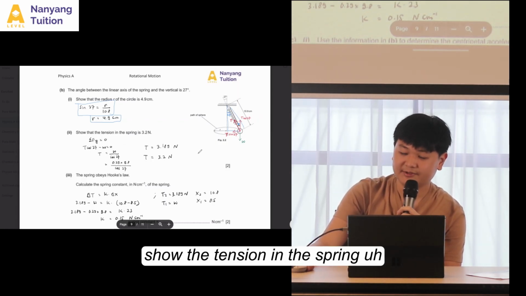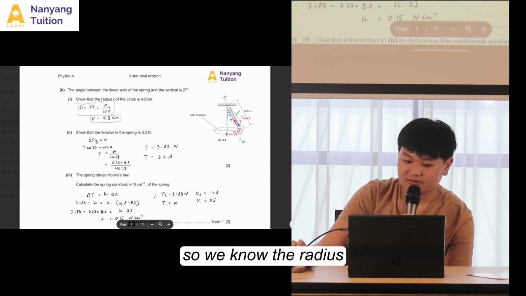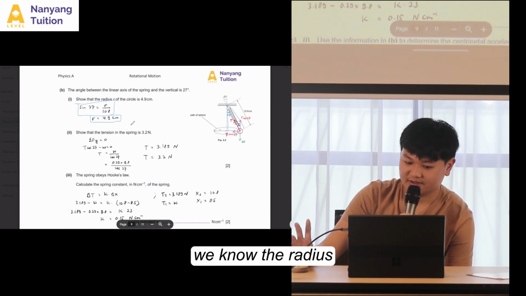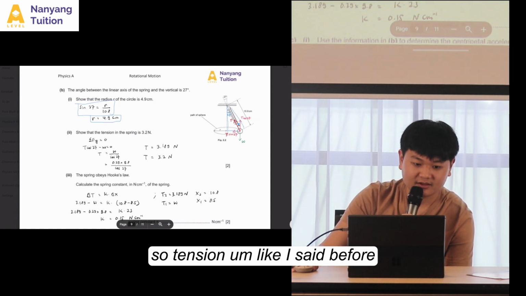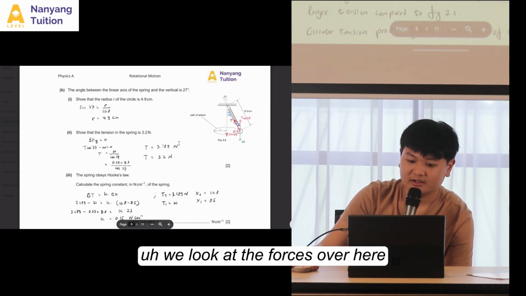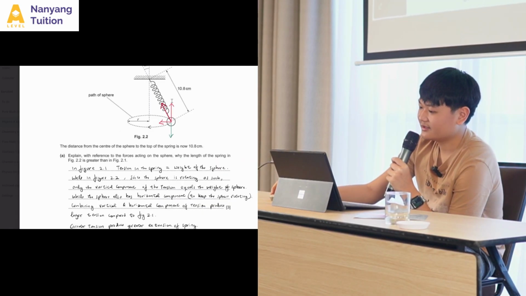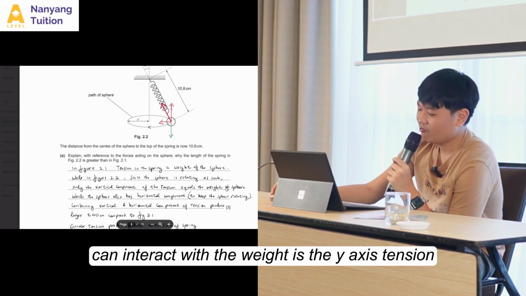Show that the tension in the spring is 3.2. So we know the radius. Now we're finding the tension. So tension, like I said before. If we look at the forces over here, the only tension that can interact with the weight is the y-axis tension.